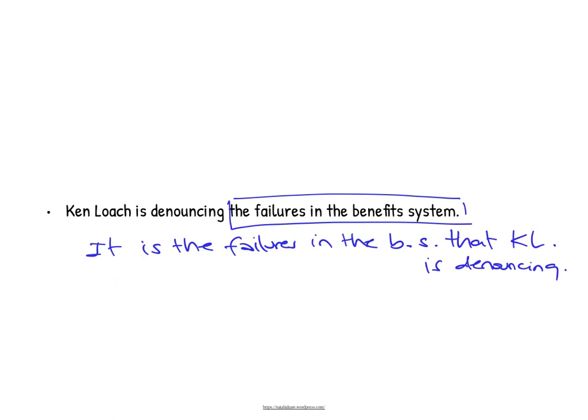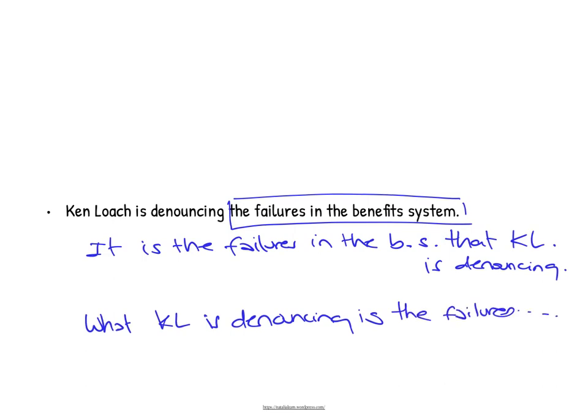Or you could say what Ken Loach is denouncing is the failures in the benefits system. You could say this, for example, if you wanted to make a contrast and say, no, he's not denouncing the workers, he's not denouncing unemployed people, he is denouncing the failures in the benefit system. So it is the failures that he's denouncing. He's not denouncing any other situation.